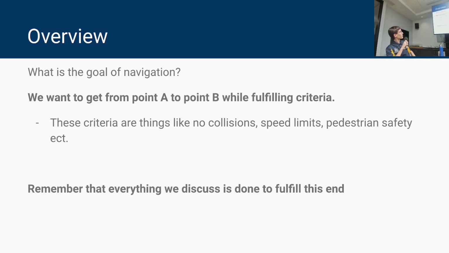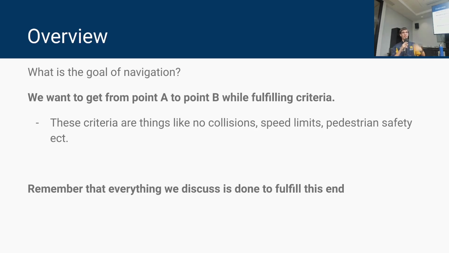So first off, we need the goal of why mobile robotics, and the answer is, of course, you want to get from point A to point B. This seems simple, but fundamentally, this is the problem you're trying to solve. I am here, I want to get there, and I want to have some criteria. For example, this could be an autonomous car. This is obvious. I want to go to Detroit and I want to not crash.